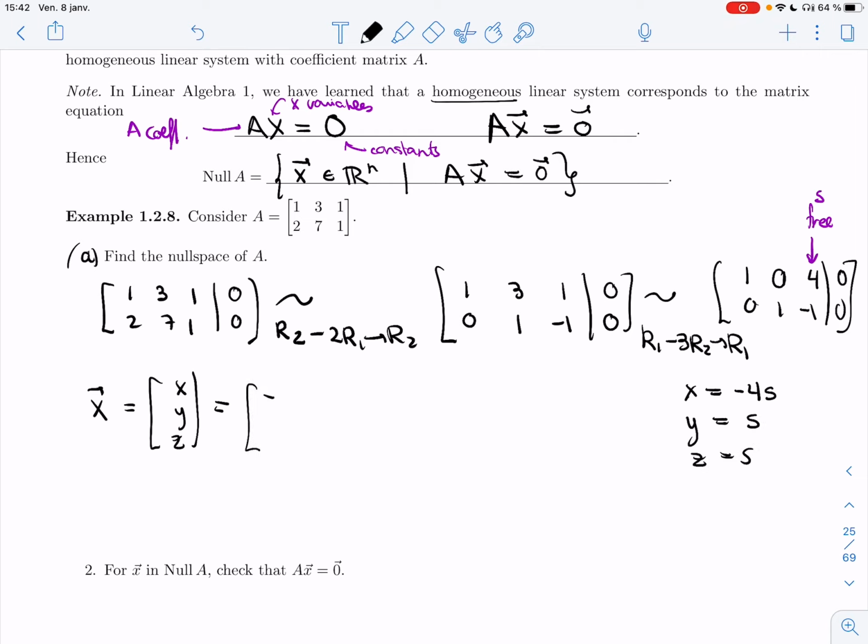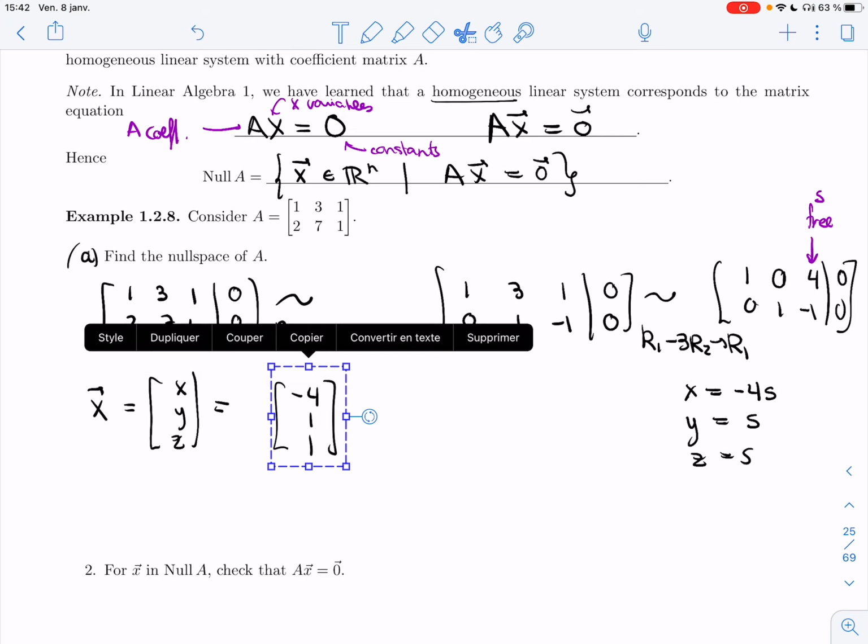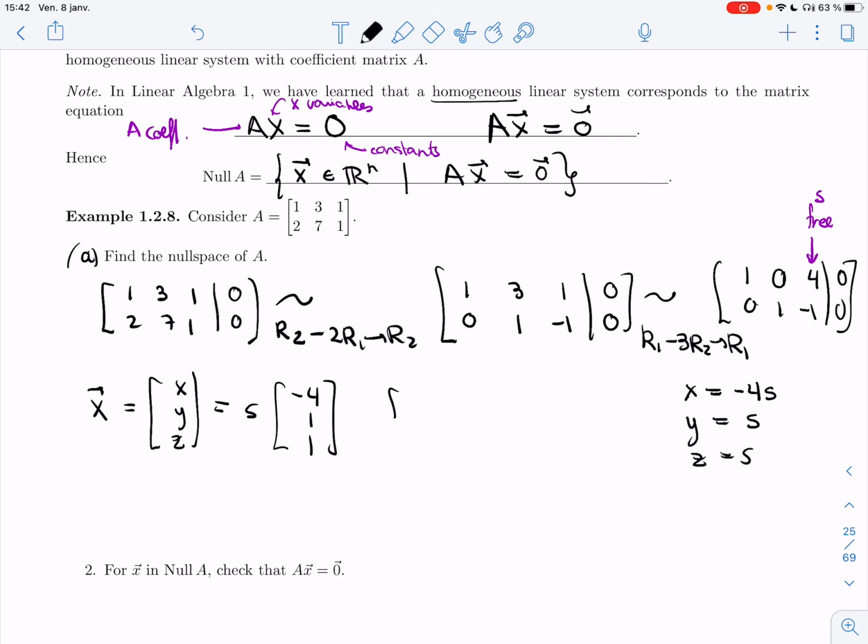So this is the set of minus 4, 1, 1 times S. Let me put the S in front, for S in R. All right, so that's the solution set, and so that's the null space. Null of A equals S times minus 4, 1, 1 for S in R.